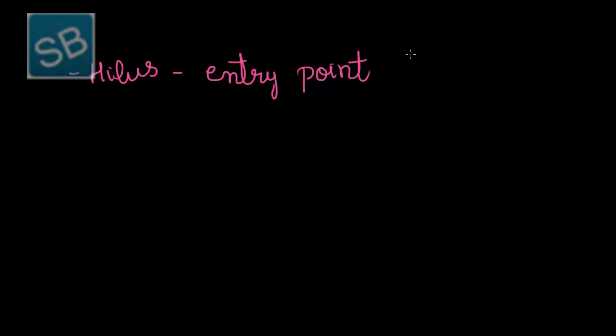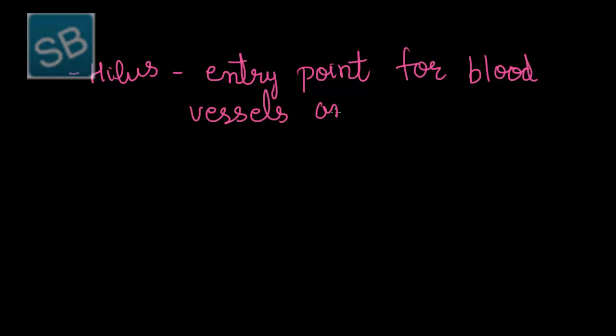Each ovary contains a hilus, which is considered the entry point for blood vessels and nerves. Thus the blood passing through these blood vessels enters the ovary through a point called the hilus.